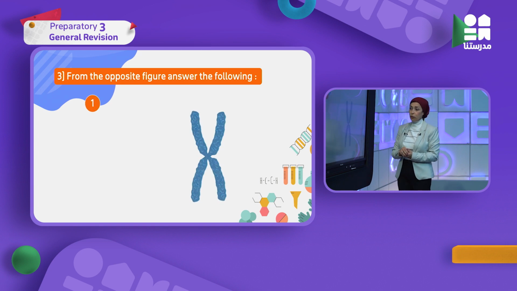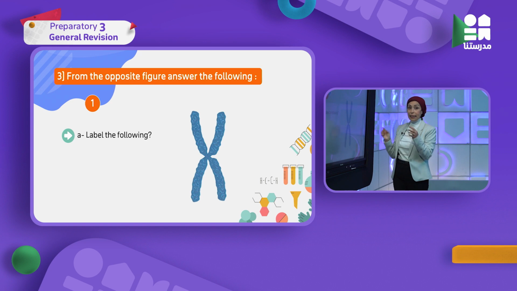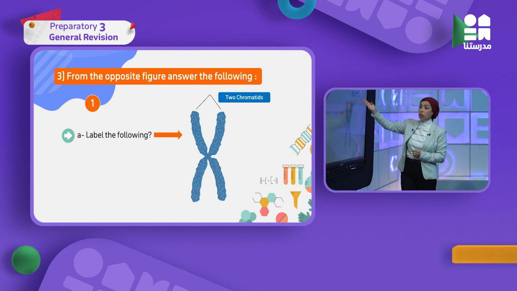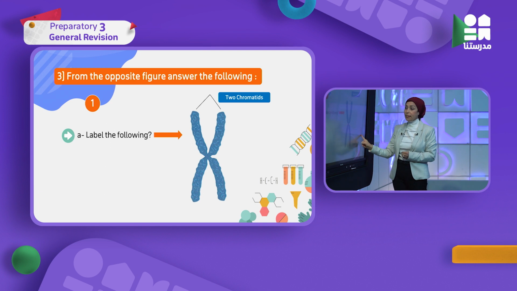Here in front of you, can you recognize it? Of course, it's the chromosome. Let's see the question. Label the following. It gives me arrows on parts, so I'm going to label it. This one represents what? Two chromatids. What about the center here? It's called the centromere.